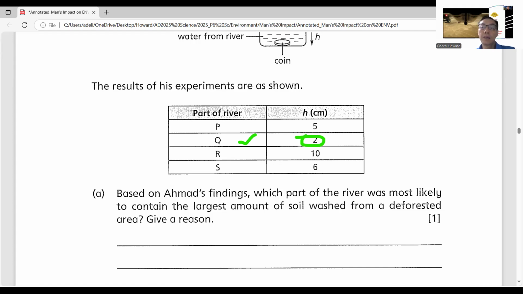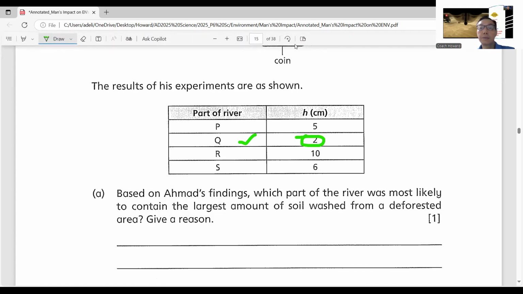Okay, so I will screen share and show you this part of the answer. Okay, here.